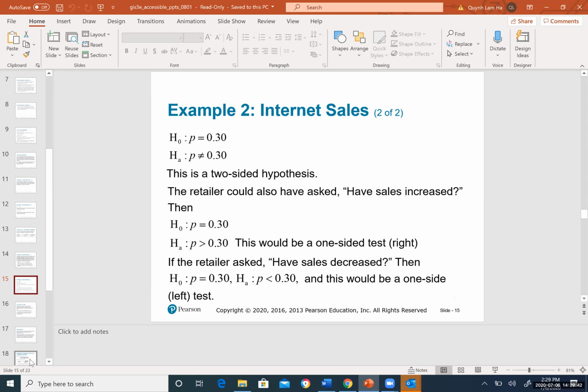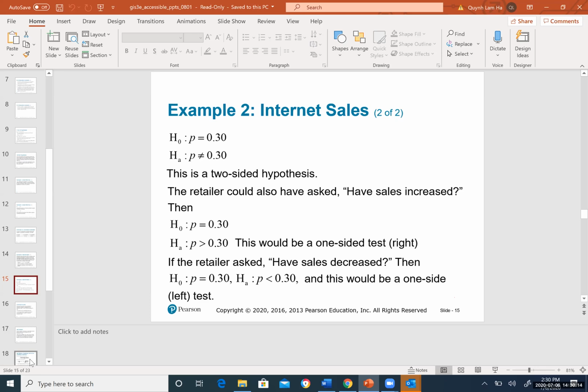The retailer could also have asked, have the sales increased, then you have null hypothesis P equal to 0.3, and alternate hypothesis P greater than 0.3. This would be a one-sided test to the right side.